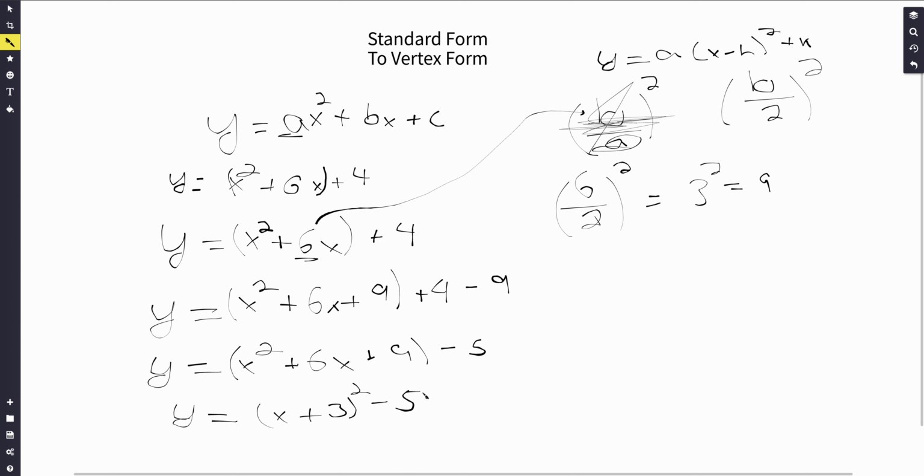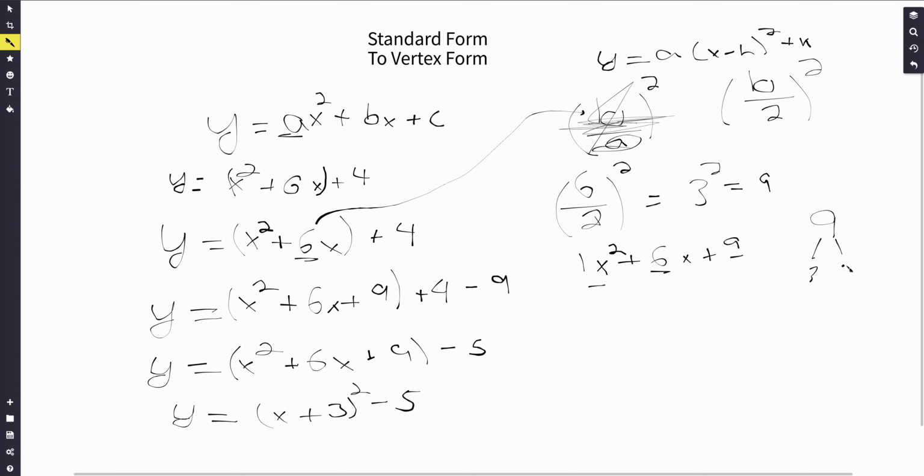If you guys don't understand that, make sure you review how to factor, because that's the key concept. I'll just go over it really quick. So x squared plus 6x plus 9. We know this is a 1, so we need what multiplies to 9 but adds to 6, because we need to include the 6 too.